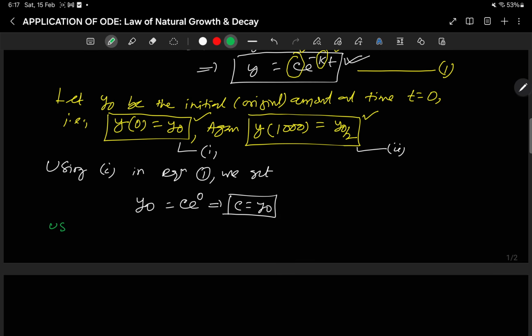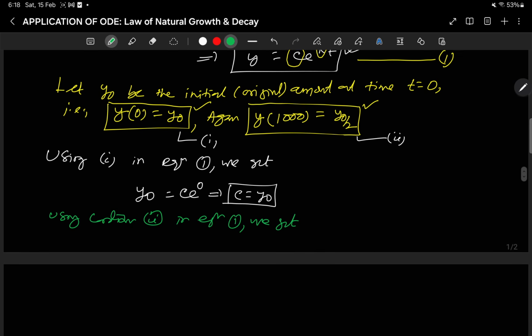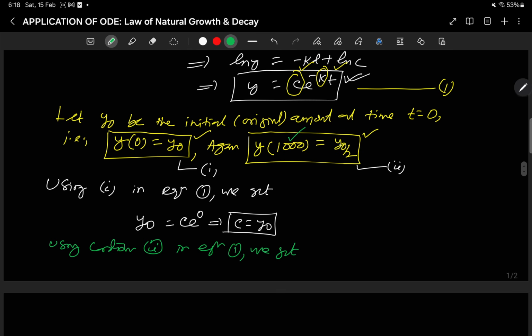Then using condition 2i in equation 1, we get t is 1000, y is y0 by 2. We get y0 by 2 is c e to the power minus 1000 k.